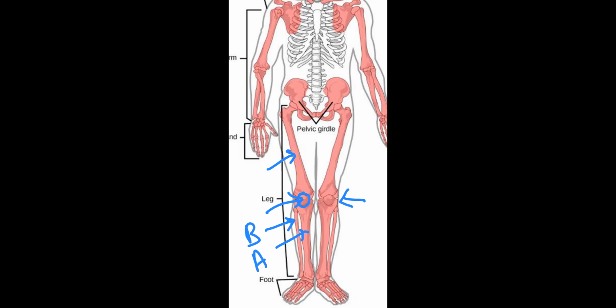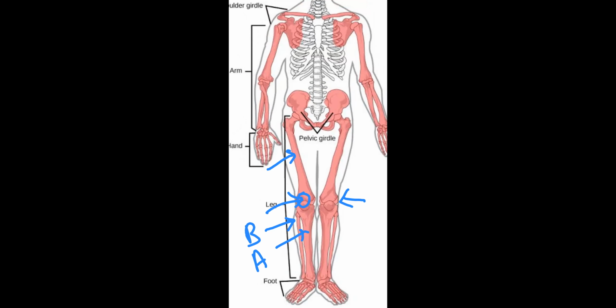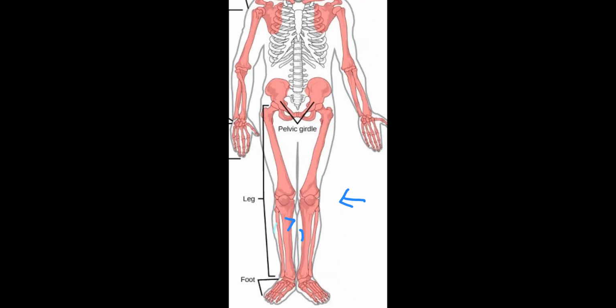About the ankle region bones: tarsals, and they are 7. Thank you for reminding me.